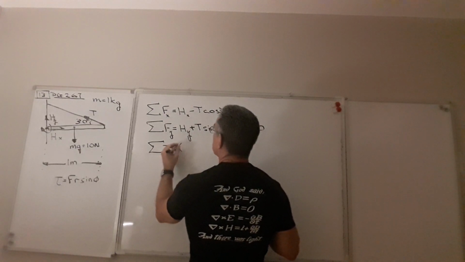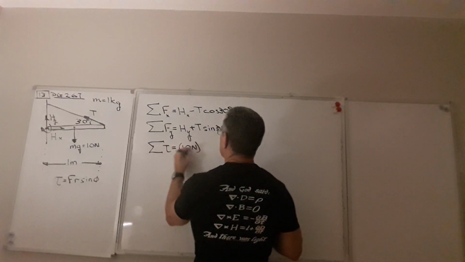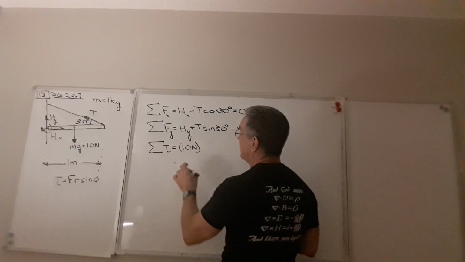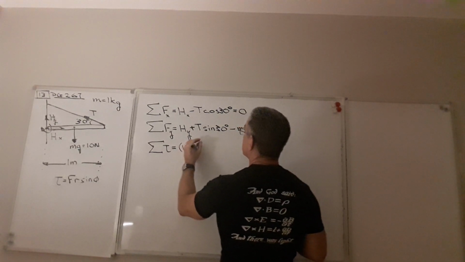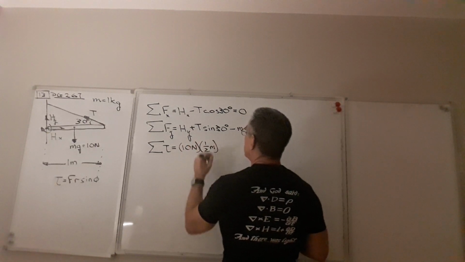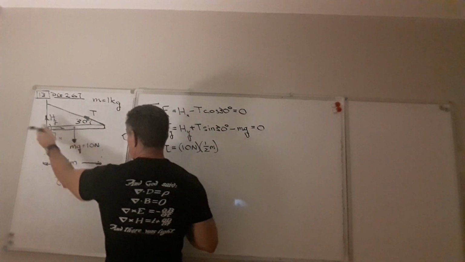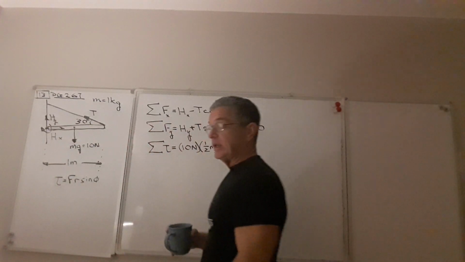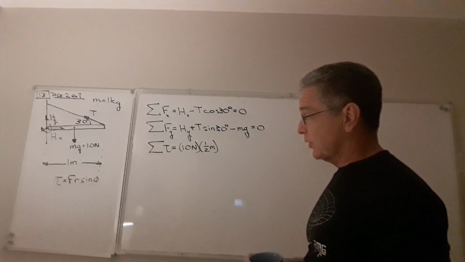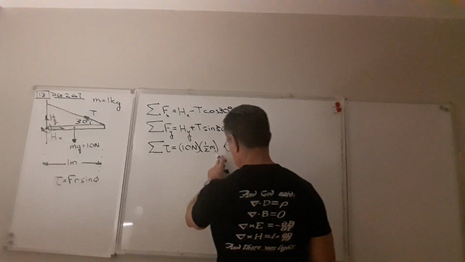So the torque due to the weight of the beam will be the magnitude of the weight of the beam times the distance that it's acting out from the center of rotation, 1/2 meter, times the sine of the angle between the force vector and the radial vector that points along the beam. That's horizontal, so the angle there would be 90, and the sine of 90 is just 1. So I'm not going to bother putting sine 90 here.